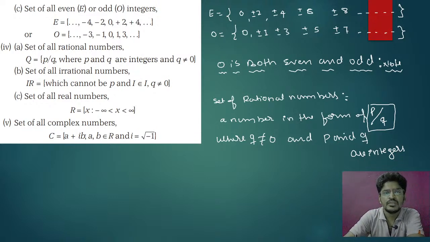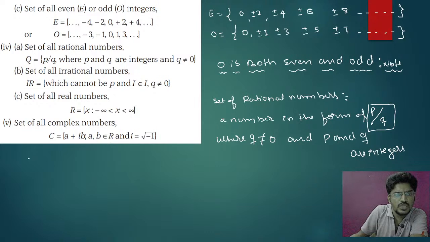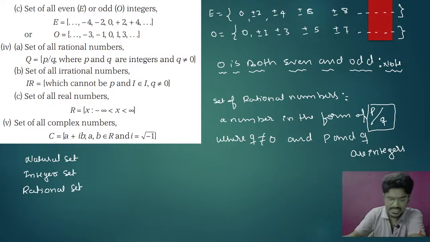Okay. And now you see one more important point. You know about the natural number set, you know about the integer set, and now you know about the rational set.